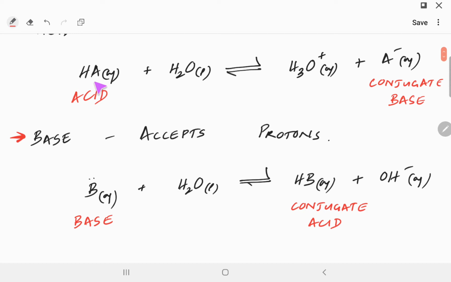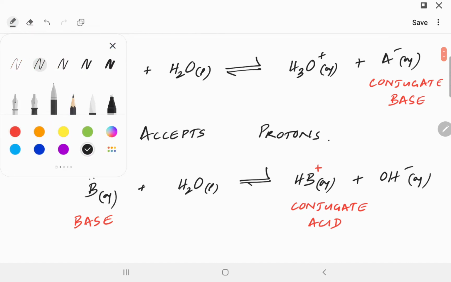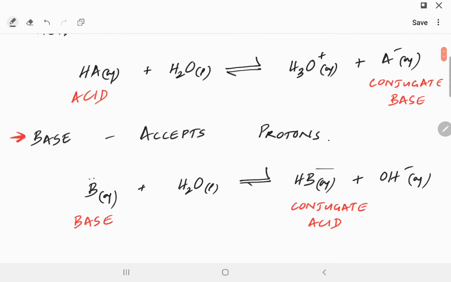Acids are capable of donating protons, forming a conjugate base. Bases are capable of accepting protons, forming a conjugate acid. It is very important that you remember this definition.